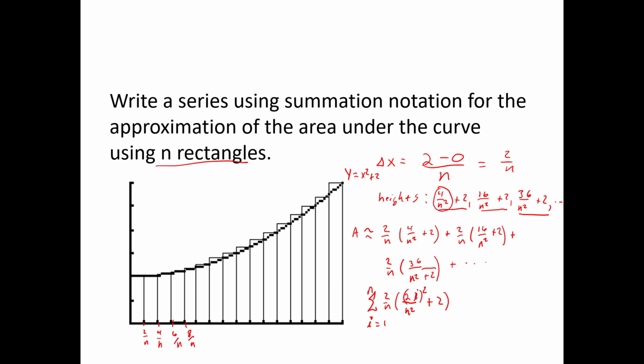I forgot to not carry out the calculations. Had I just left that as 2 over n squared, 4 over n squared, 6 over n squared, it would have been a lot easier to realize that that's what the pattern was, and then we could have cleaned it up afterwards. And so then this becomes the summation from i equals 1 to n of 2 over n, and then you get 4i squared over n squared plus 2.